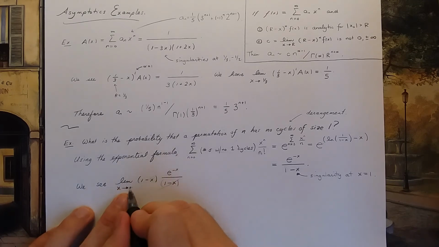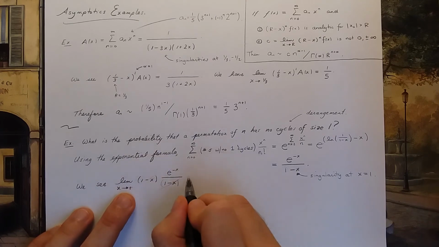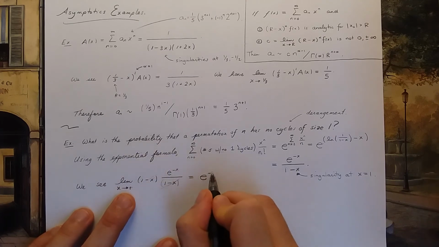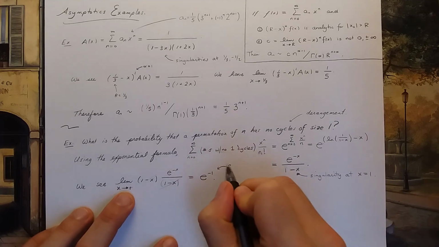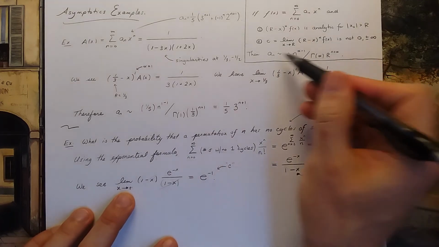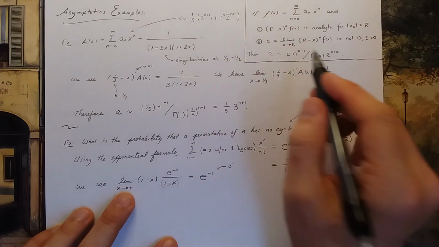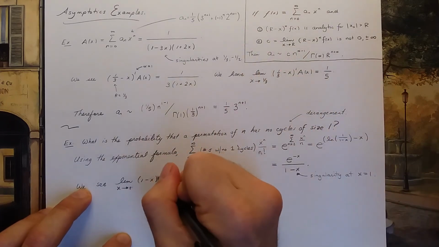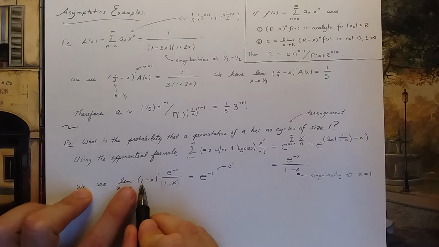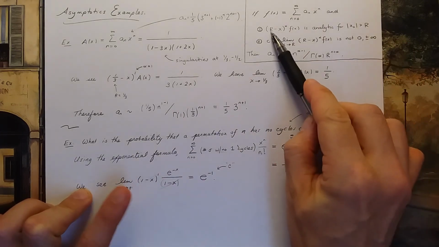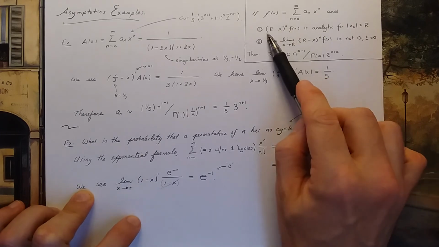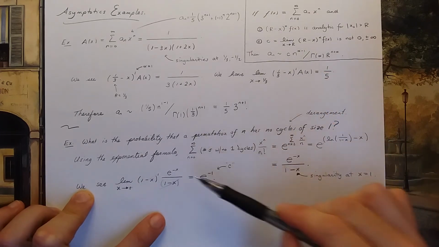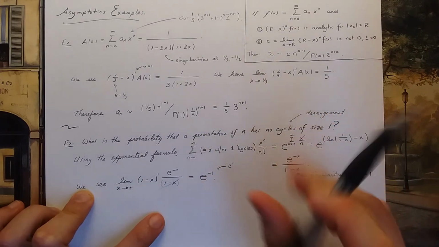I could just take the limit as x goes to 1 of e to the negative x, and I get e to the negative 1. So this is my constant c in the statement of our main asymptotics theorem. R is equal to 1. This R in the theorem is 1. And alpha is also equal to 1. So R is 1, alpha is 1, and C is e to the negative 1 power.